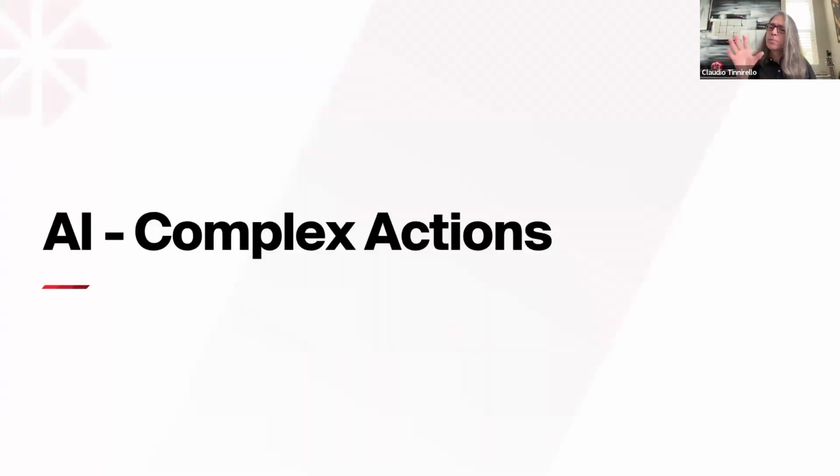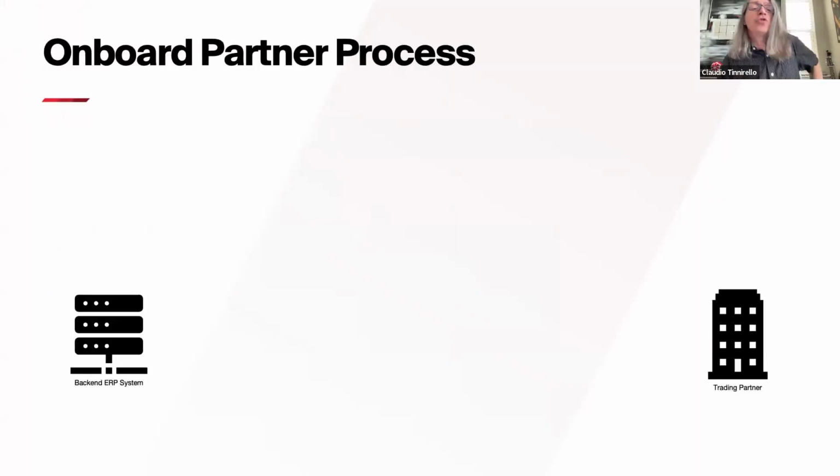Moving on though, what about complex actions? So let's say that you have a particular process that's made up of multiple steps. Well, it's interesting you should say that because you can train your AI on what your business process is. Just explain it to the AI, and the AI will then know and learn how to perform that step.